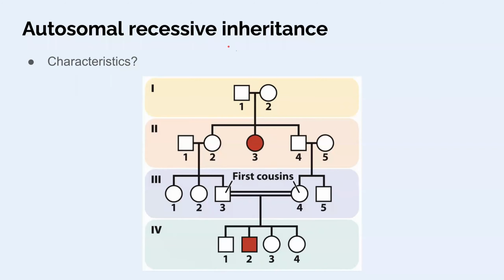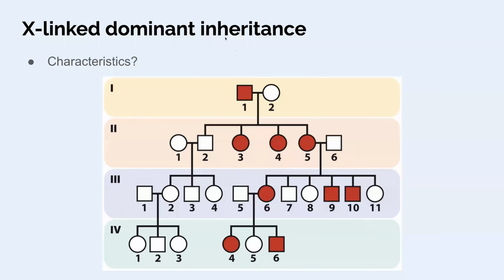Oops, annotate, skip, annotate again. All right, now we've got X-linked dominant, and so here we've got an individual, the allele of interest would be X superscript big A. Individuals who have this could be homozygous dominant females, could be heterozygous females, could be hemizygous males, right?